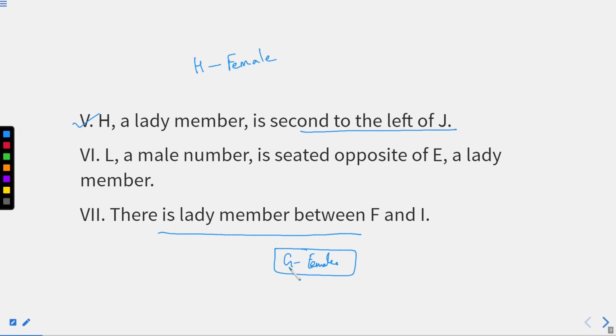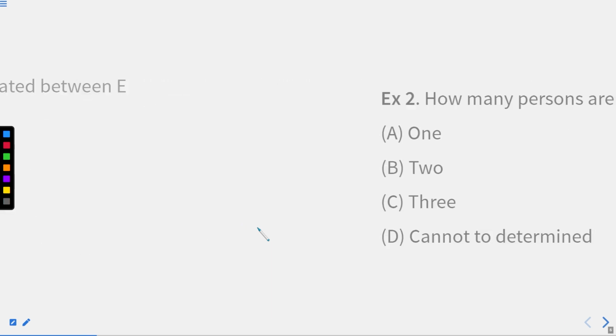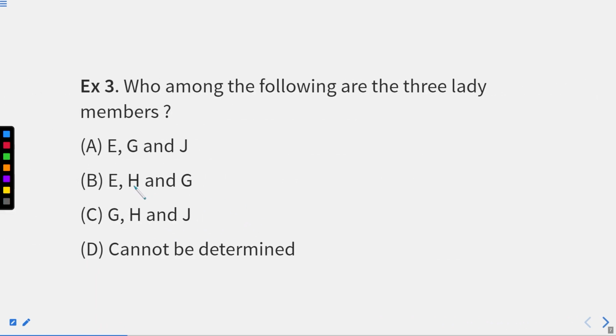We know G is a female. We know H is a female, right? Also E. So H, E and G, these are the female, right? Which one? H, E and G. So option B will be your answer. I hope you will be okay with all 3 questions now.